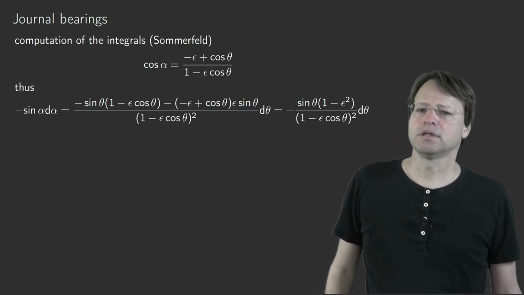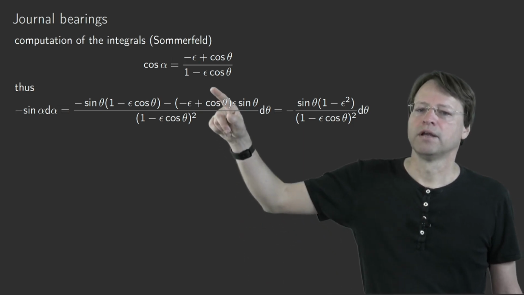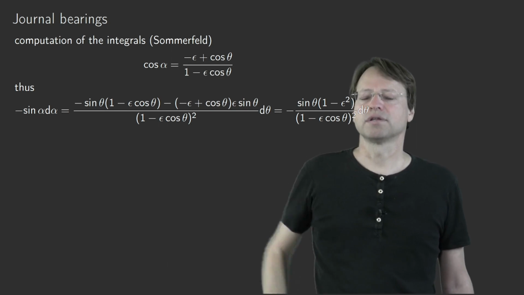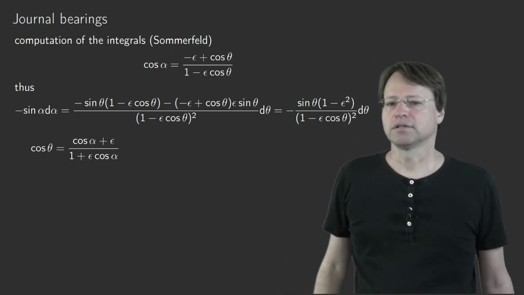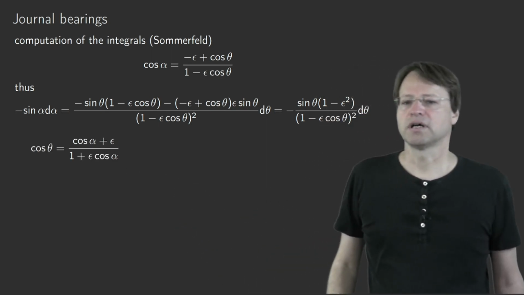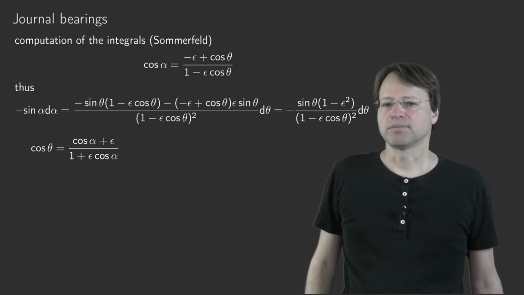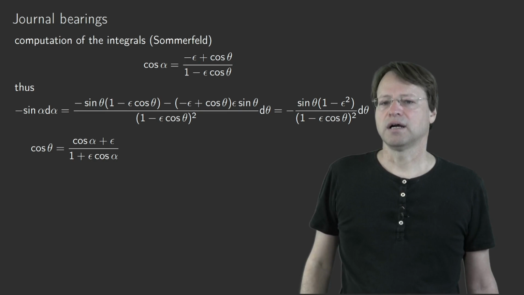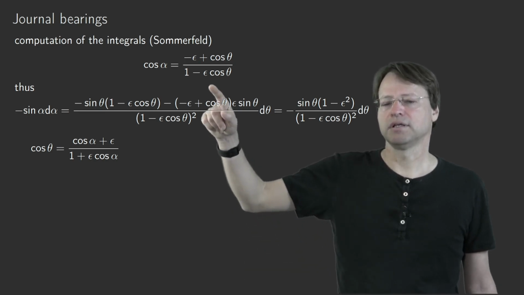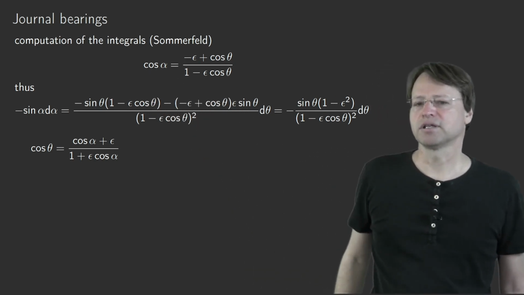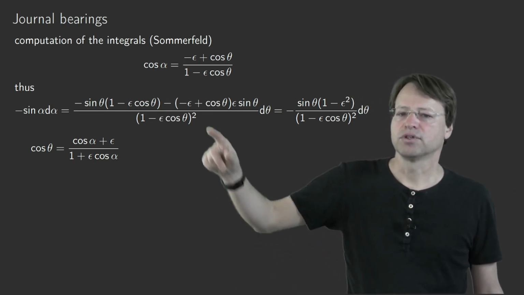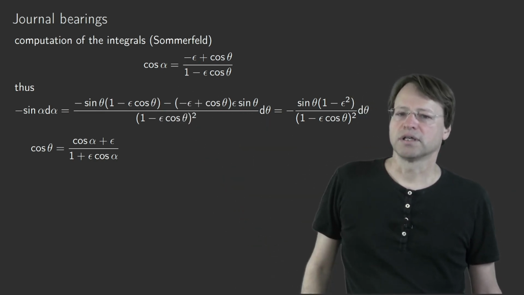For the cosine theta, this is quite simple, because you can solve this equation here, the substitution for cosine theta. And what you get is that cosine theta is cosine alpha plus epsilon divided by 1 plus epsilon cosine alpha. So you multiply the whole equation by 1 minus epsilon cosine theta, then this would be the leading coefficient of the cosine alpha.